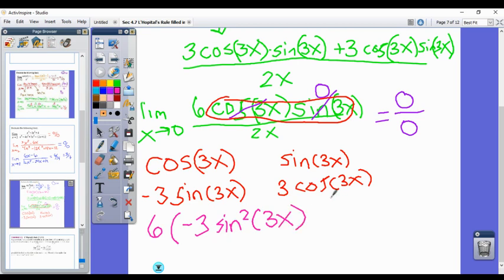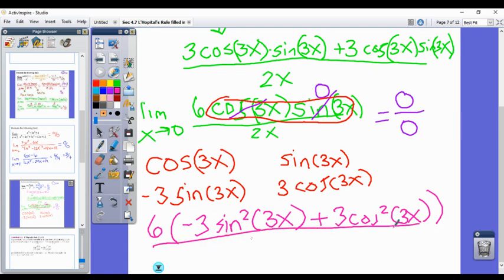Okay, and then we're going to add that to the normal first part times the derivative of the second part. So essentially now I'm going to be doing cosine 3x times 3 cosine 3x. So that's going to give me 3 cosine squared 3x. Okay, so that is my numerator, and my denominator is going to end up being 2.